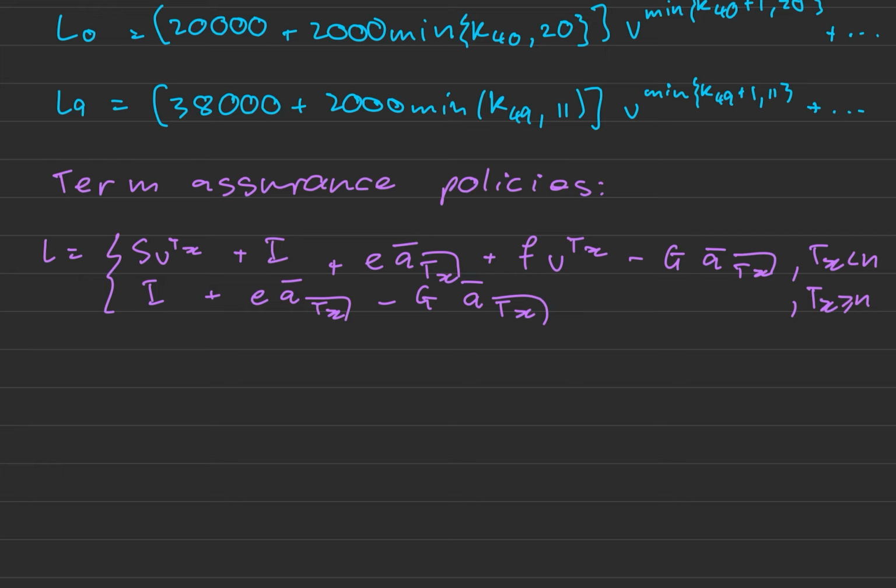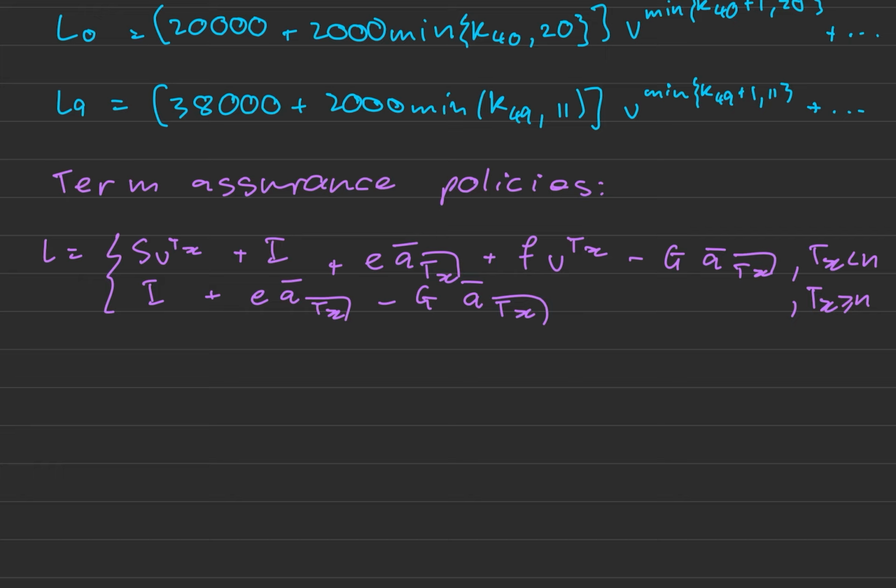Okay, back to the term assurance policies. Term assurance policies are the same as the endowment policies, except I'm not paying on survival to the end of the term. So I've now subbed out my M back in for T_x, as I did for whole life assurances.